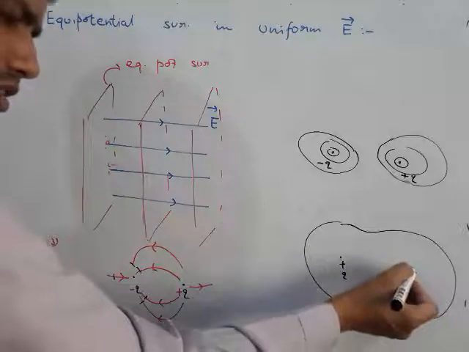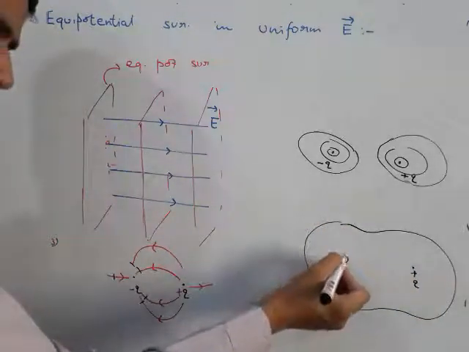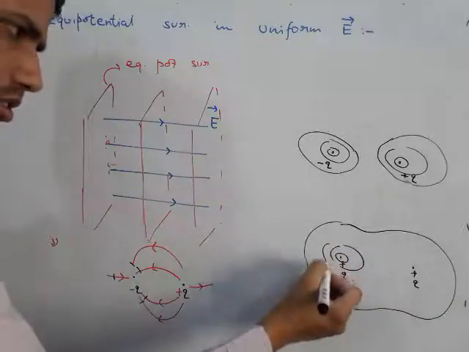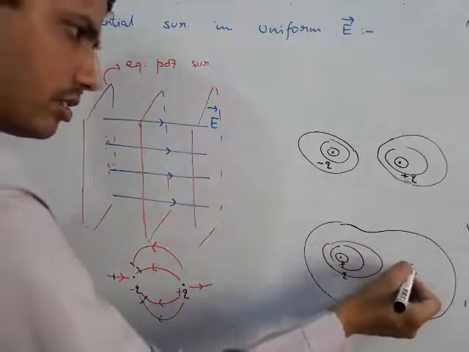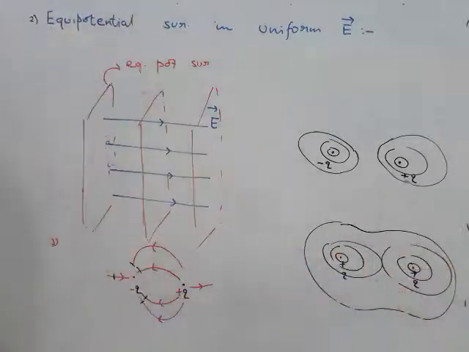This is the point charge, this is the point charge. We can draw surfaces like so. Such arrangements are also given in your textbook, students. They are important for your exams also. So please practice them.